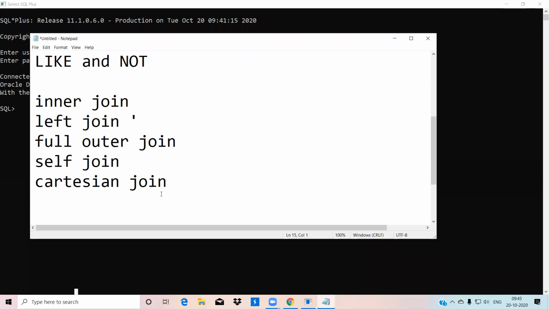An inner join returns rows when there is a matching in both the tables.